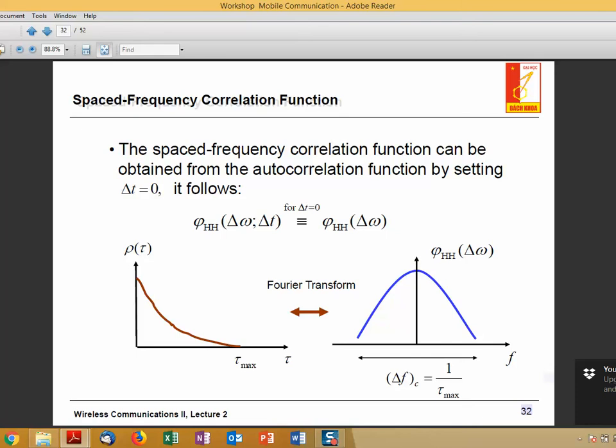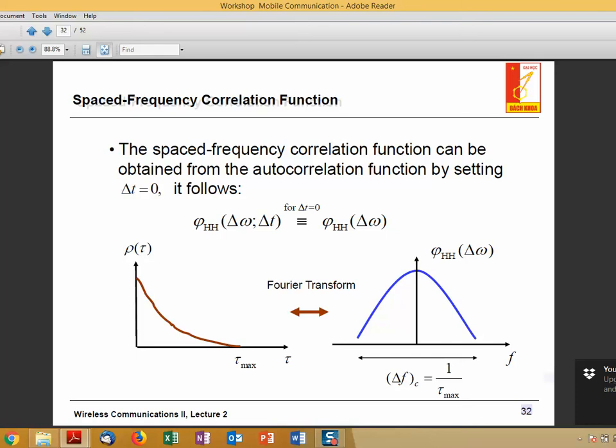That's the coherent bandwidth, which equals the maximum time delay spread inverse. And if the channel varies very fast, normally that's the case when the Doppler becomes large, then this should be small. And you have this bandwidth, it becomes small, and it becomes big. You get the point?